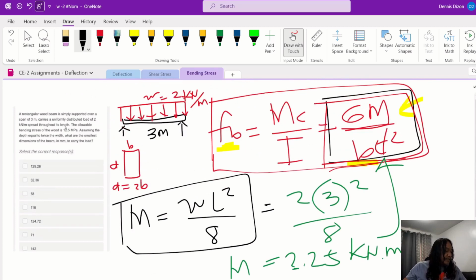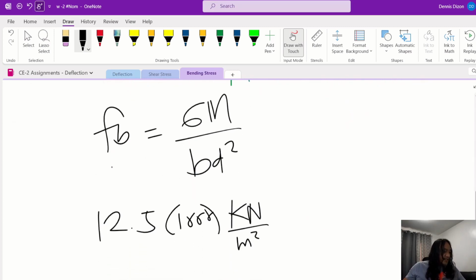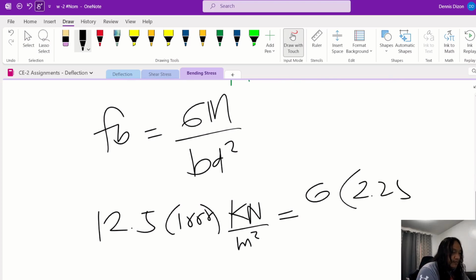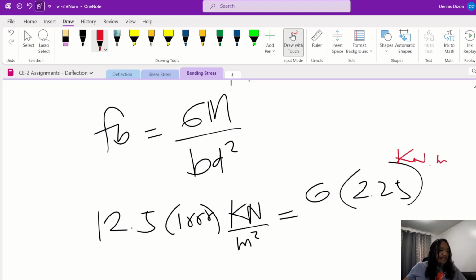So the given is 12.5 meganewton per meter squared, that is 12.5 times 1000 kilonewton per meter squared. So this is 6 times our M, 2.25 kilonewton meter, divided by b.